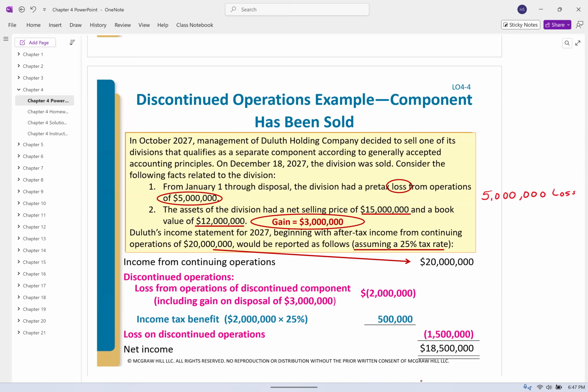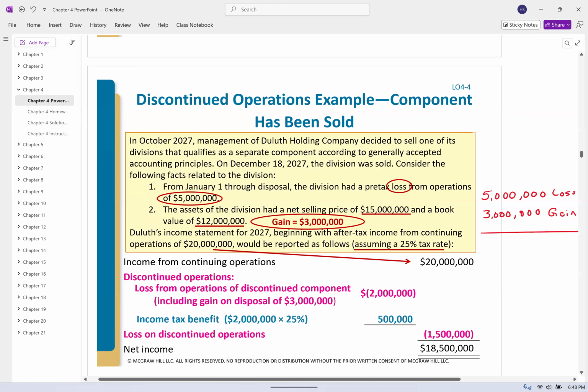Okay. Then the assets of the division had a net selling price of 15 million, but a book value of 12 million. Okay. So now we have a gain of 3 million. Not enough to offset it all, but we end up with a net $2 million loss, because the loss of 5 million coupled with the gain of 3 gives us a $2 million loss.